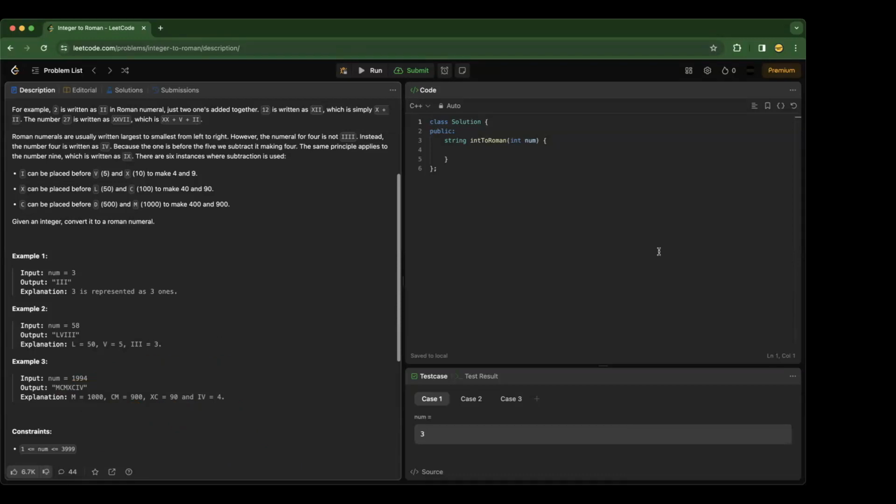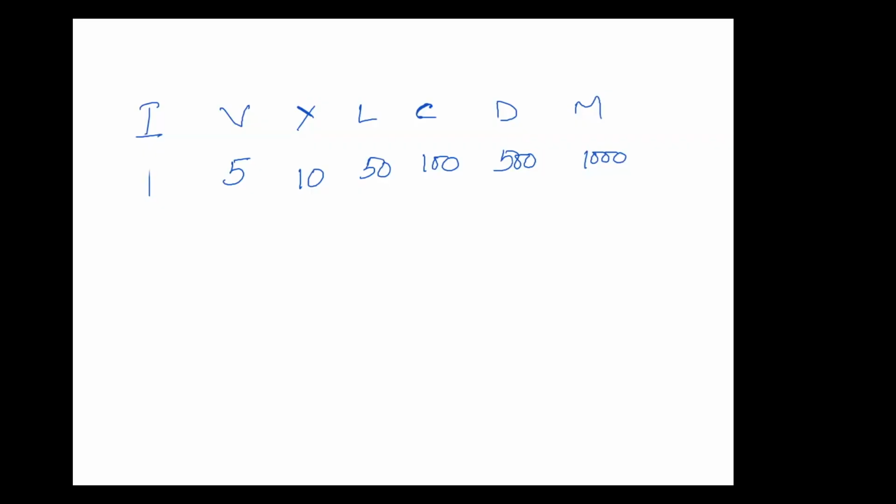Now to get into this problem, first we have to understand the conversion of integer to Roman. So let's start with the already provided 7 symbols in the question, where 1 is represented by I, 5 is represented by V, 10 is represented by X, 50 by L, 100 by C, 500 by D, and 1000 by M. Now in Roman, the number 2 is represented by 2 I's.